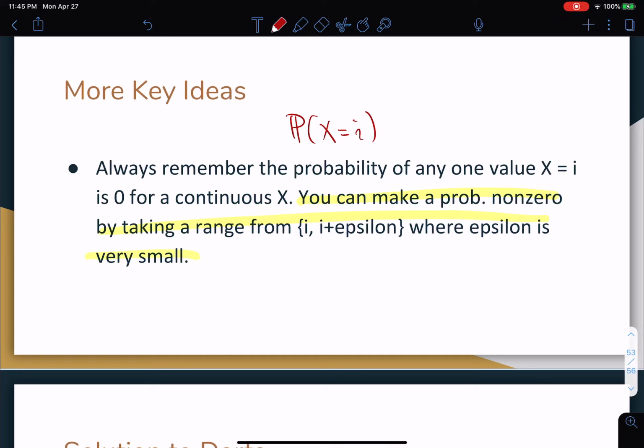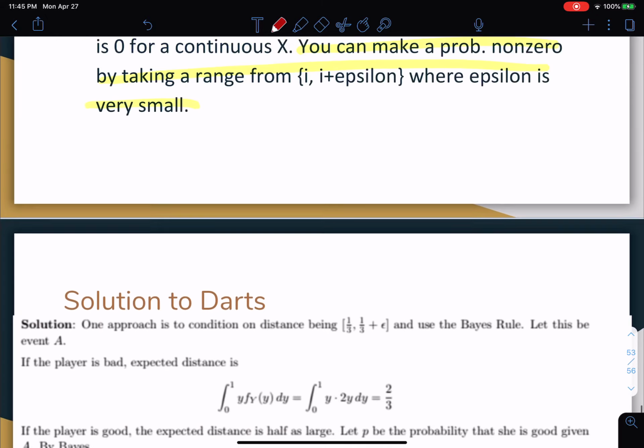But you can use a small trick to make this non-zero by finding this probability instead, because you're taking a range and finding the area under it, where epsilon should go to 0. It's very, very small, but it's not exactly 0.